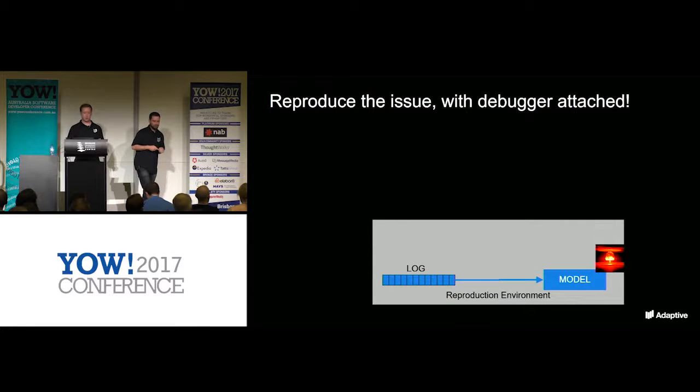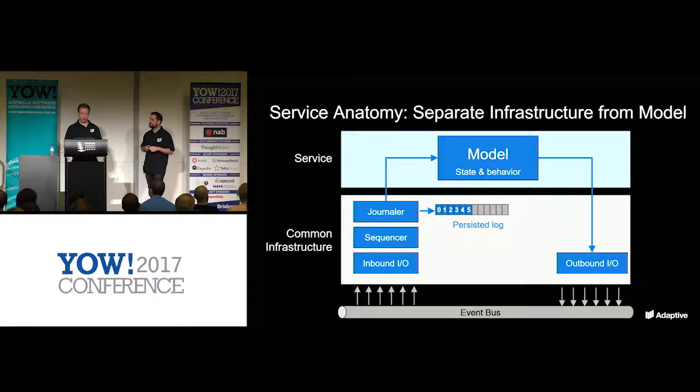So let's have a look at what's going on in this service. What does it look like? If we take a look at the model, the first thing I want to point out is that we've got a very distinct line between where our infrastructure is and where our model is. The infrastructure is taking care of all of the network I/O for us.